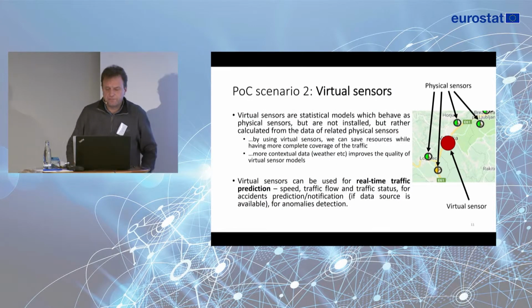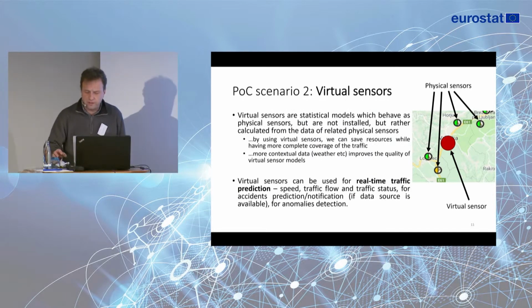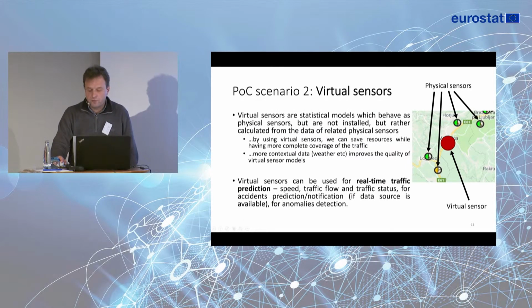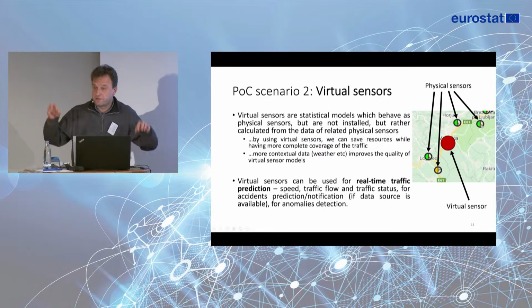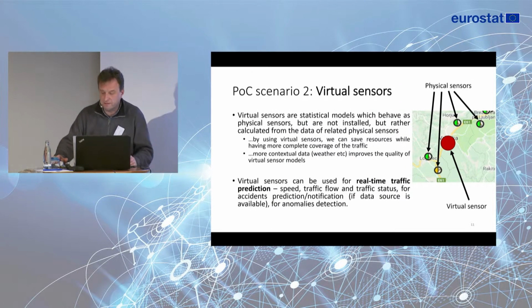Virtual sensors, as mentioned before, is something where you see the picture on the right. We have four real physical sensors which are installed. Probably somebody spent quite some money to install them.